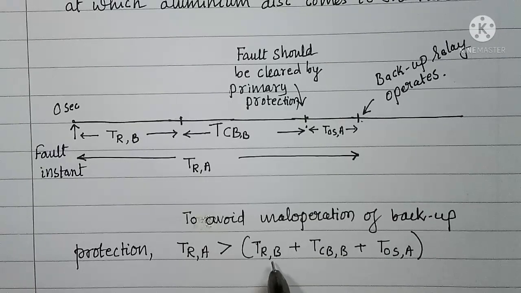TRA should be more than TRB plus TCBB plus TOSA.